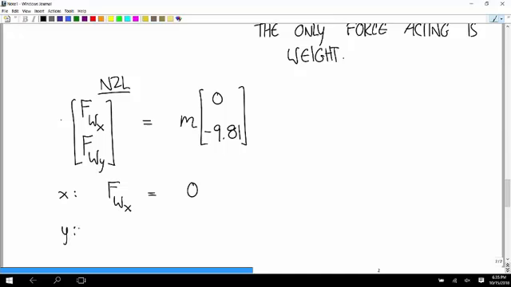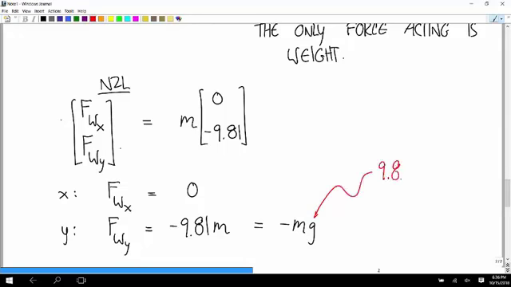And the y equation says F sub W y component is equal to negative 9.81 m. And a lot of times you'll see that written as negative mg, where that g is 9.81 meters per second squared.